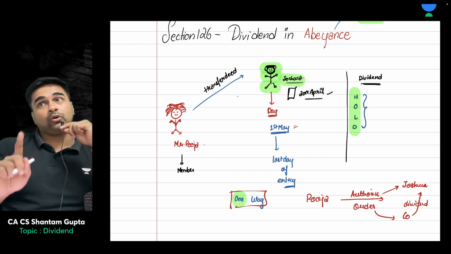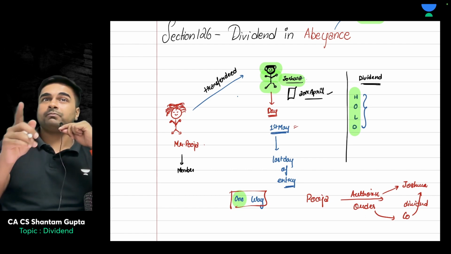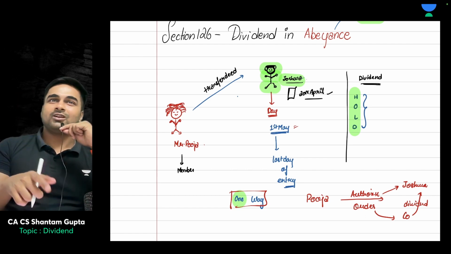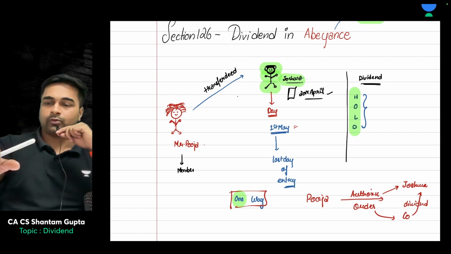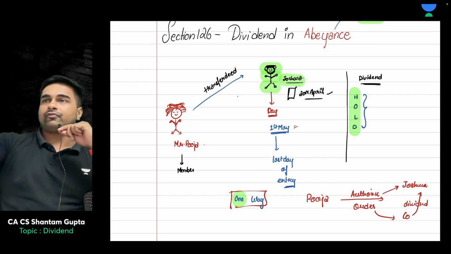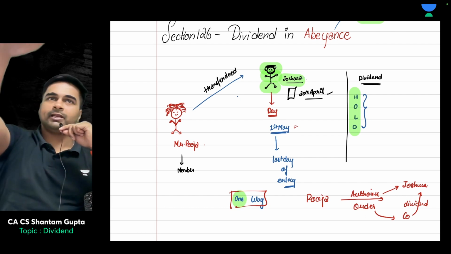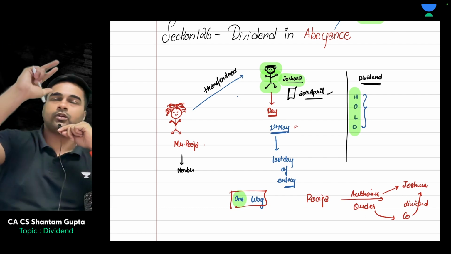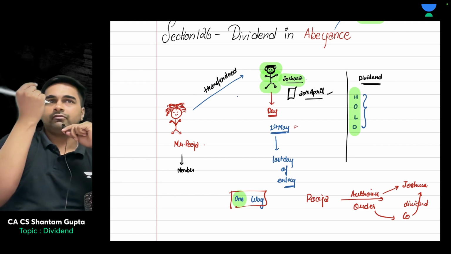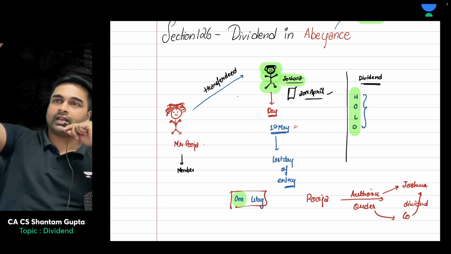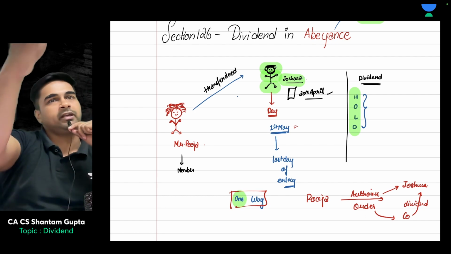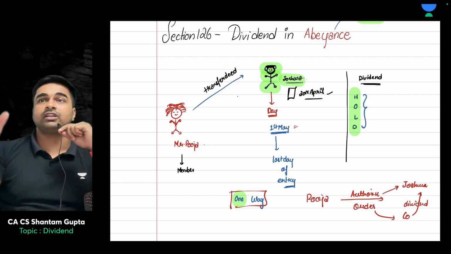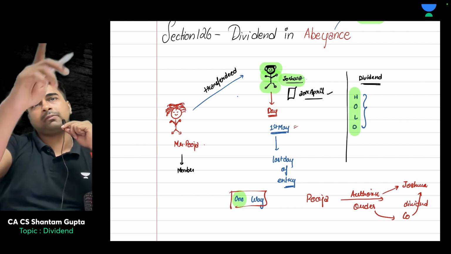Now the company knows that the transfer has been made, but it has still not been registered. So they will not give dividend to Pooja, neither give dividend to Joshua, and put it on hold. After the books open, Joshua will be registered and the dividend right will be given to him. Or one way it can happen, then Joshua can get dividend today: if Pooja gives in writing to the company that pay dividend to Joshua, that is at the order of Pooja, dividend can be paid to Joshua.